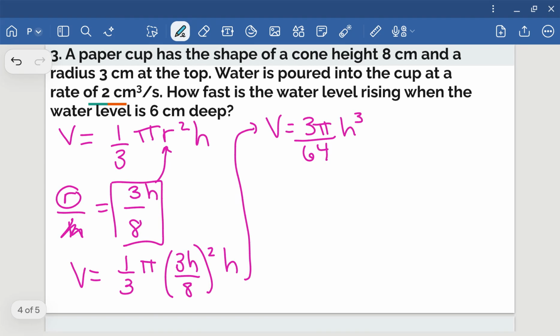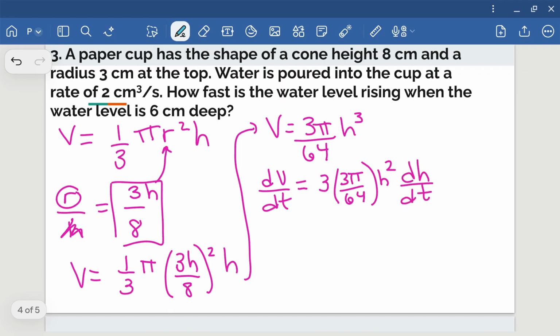So I've done all of that work, and then now I can take a look at the first derivative. If I take the derivative of the volume with respect to time, this part here is just a number, so I'll take the 3 out front. That's going to be multiplied by the 3 pi over 64, and then this is times h squared times the derivative of the height in terms of time.